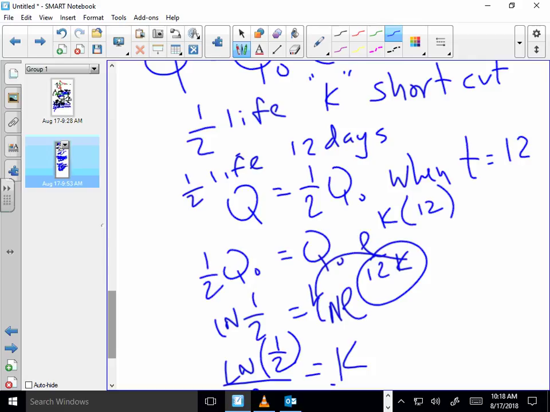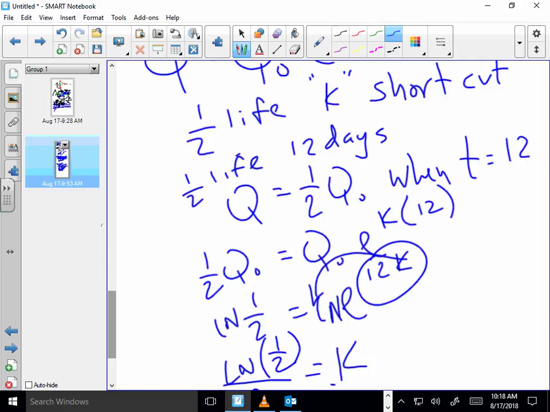So that always gives me my K, the rate at which the isotope decays. So in the last problem, we had something like a 2.3 population growth because our R was 0.023.